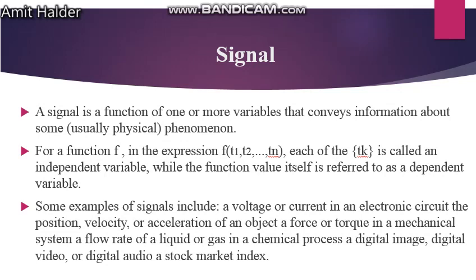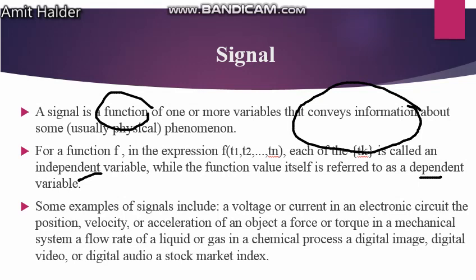The signal is a function of time. The time is the independent variable in that section, and the function value itself is referred to as the dependent variable. That means the value is dependent on time, and that should have to be a function, and that should carry or convey information.